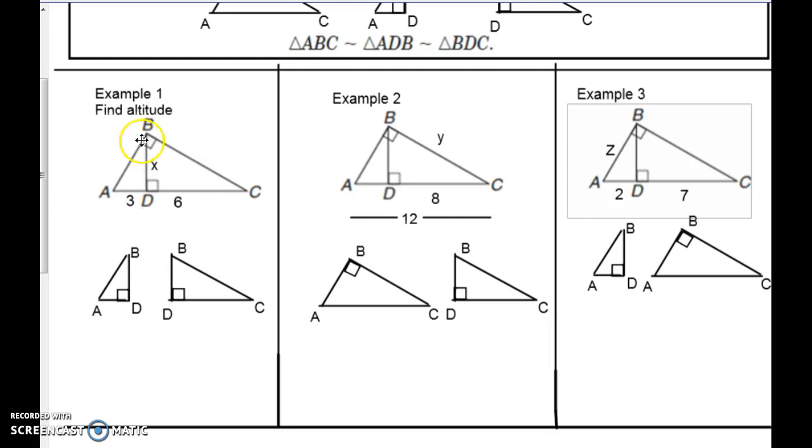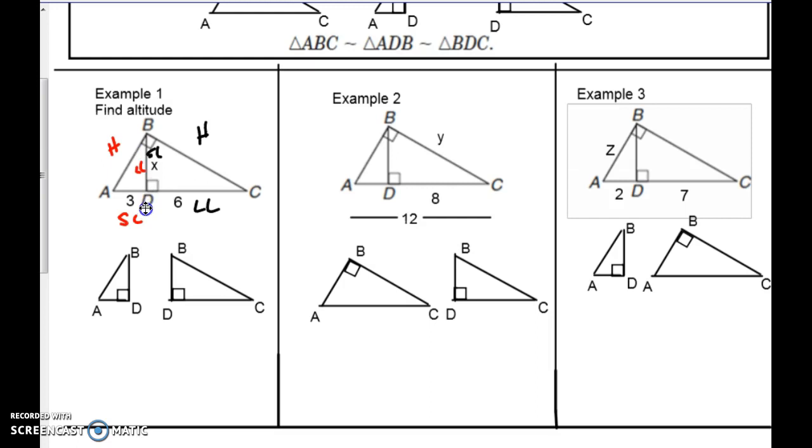So if I'm looking at this one here, I can label them with short leg, long leg, hypotenuse. I have my short leg, I have my hypotenuse, and I have my long leg. On the other triangle, over here, I have my hypotenuse, I have my short leg, and I have my long leg. This is the geometric mean.